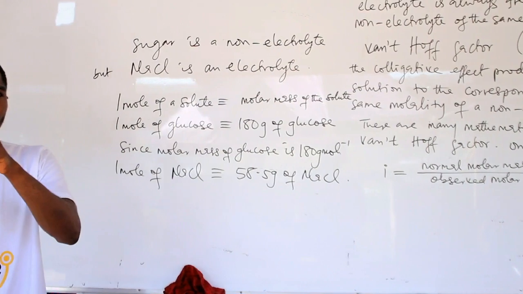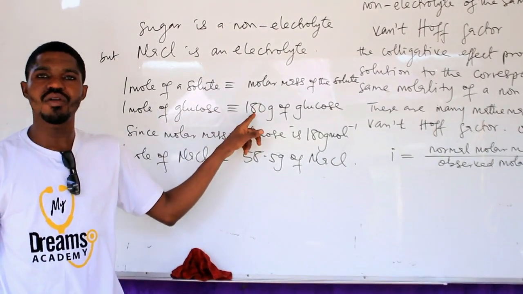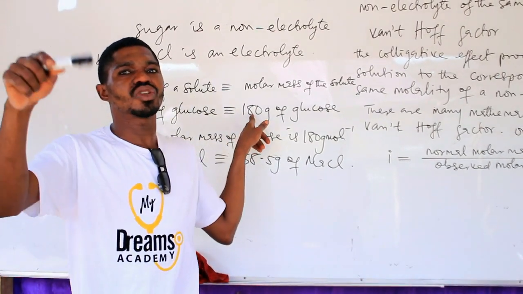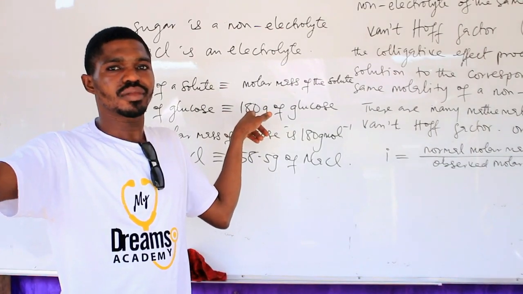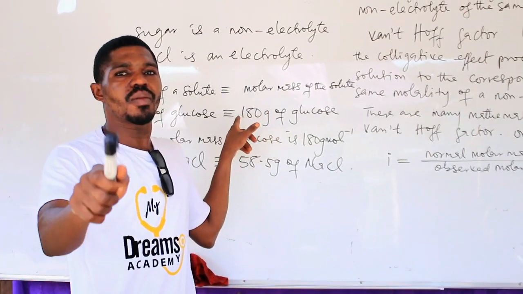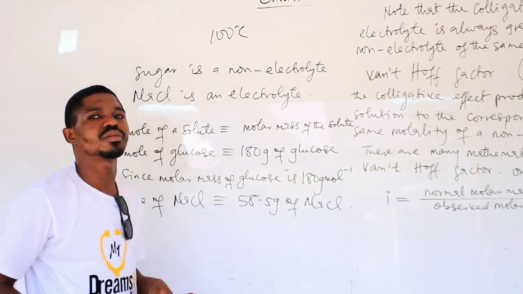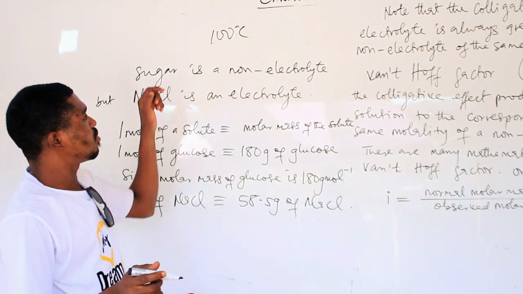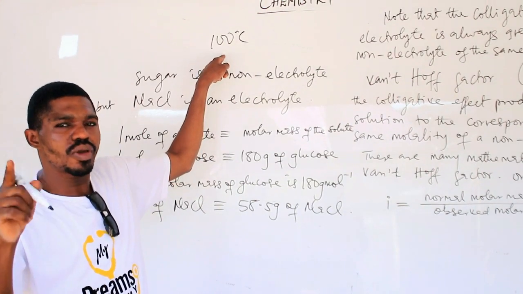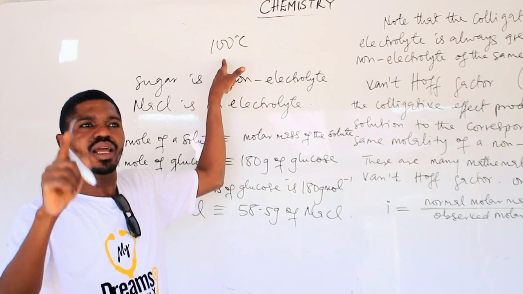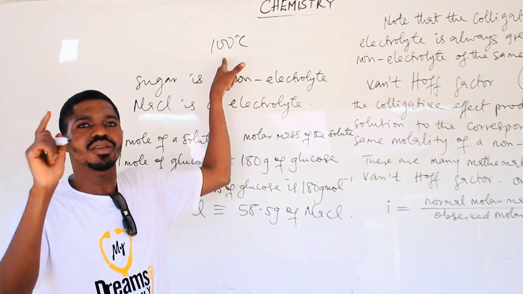If I measure 180 grams of glucose and dissolve it in pure water, remember, the normal boiling point of pure water is 100 degrees Celsius. And then there is what we call the ebullioscopic constant, which is the molar elevation constant. What does that mean?